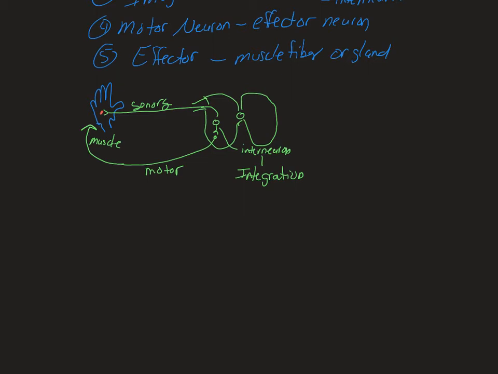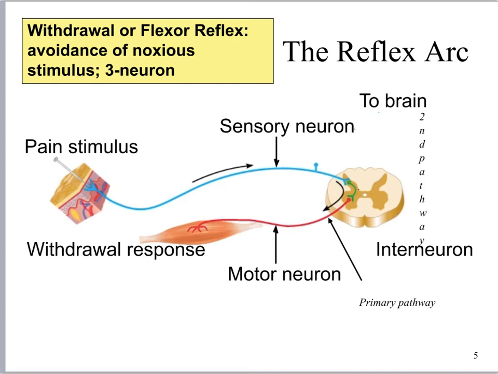Let's look at a better picture than what I drew. Right here, this is the classic withdrawal reflex or the flexor reflex. And it's what I drew by hand on the blackboard. So you've got the pain stimulus. You have your sensory neuron. Right here is where the receptor would be, the nociceptor.